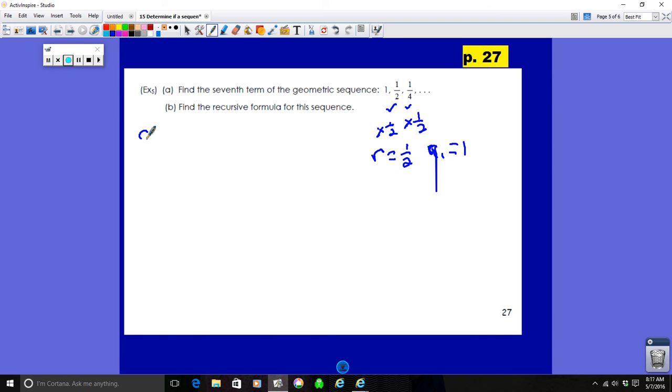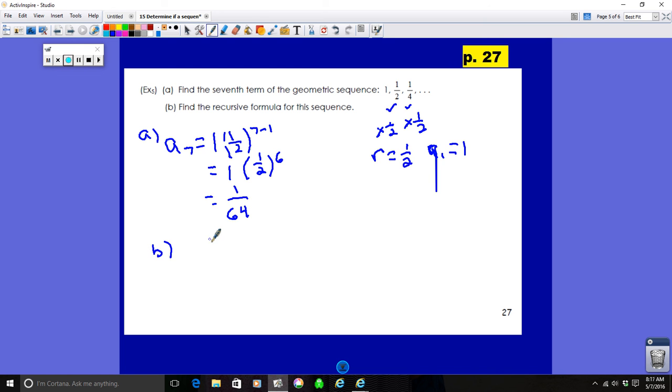So to find the 7th term, a of 7 equals the term we're going to start with, which is 1, times r to the power of 7 minus 1. So it is 1 times 1/2 to the 6th power, which is 1 over 64, or whatever decimal equivalent it is.